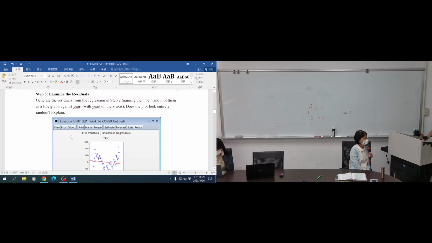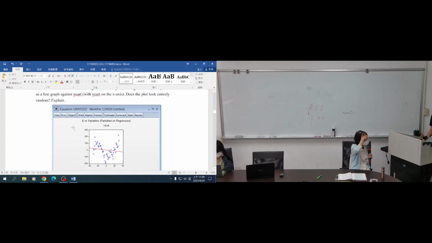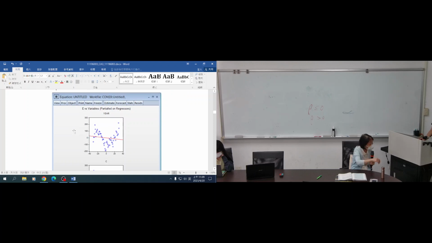And so the next one, generate residuals from the regression in step 2, and plot them as a line graph here. What do you mean by year? What's the year on the top? What does that mean? E is the residual with the variables, right?